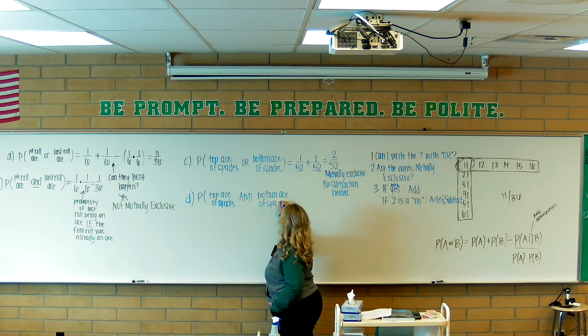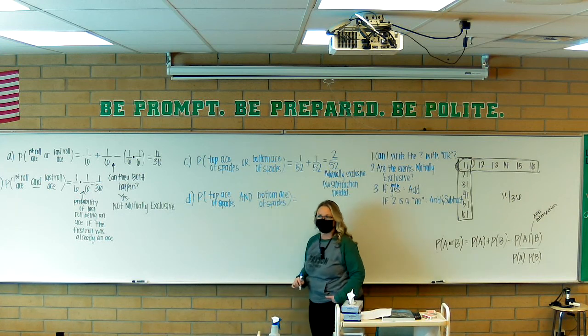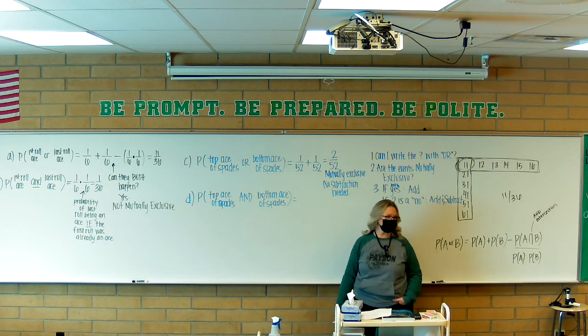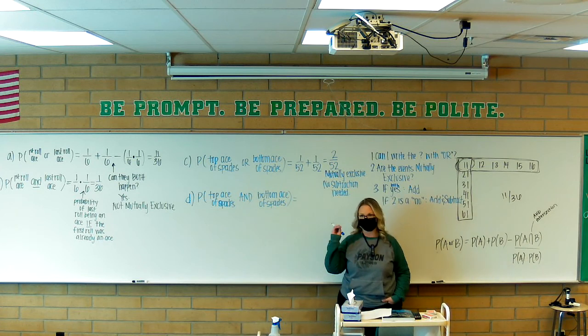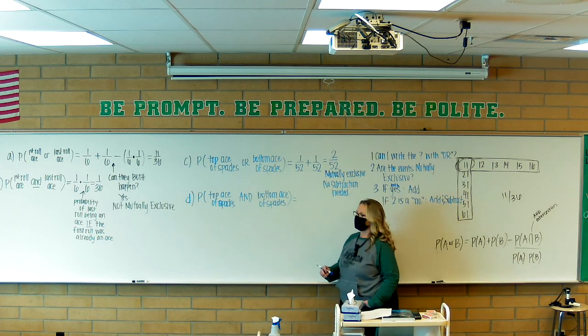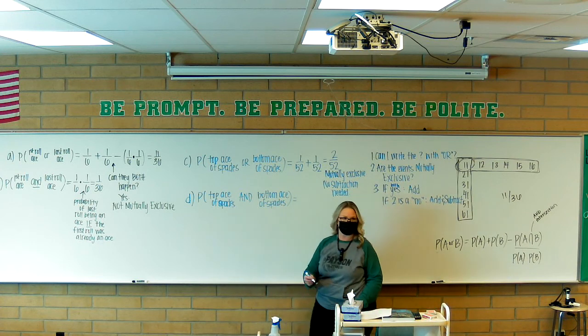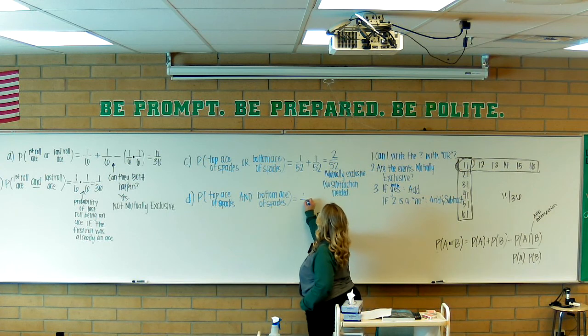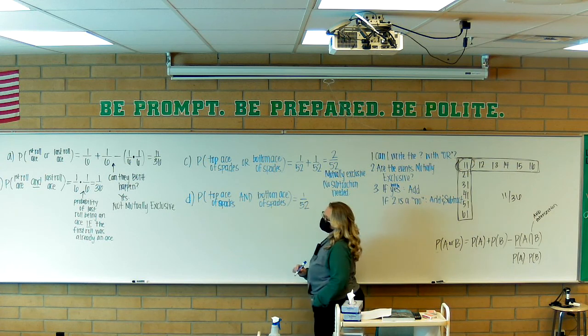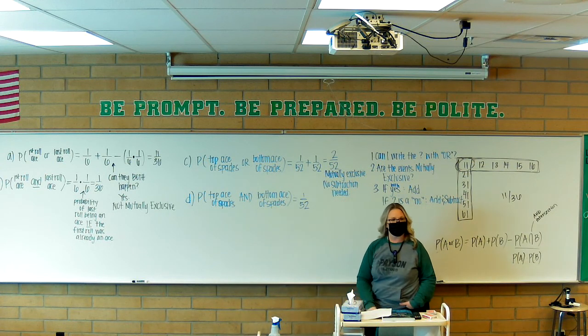Some of you might have wheels turning a little bit, but I want to do this one the same way we did all the other ones so that you can always do it the same way. Probability that the top card is the ace of spades. What is it? 1 in 52. Keyword this time tells us to multiply.